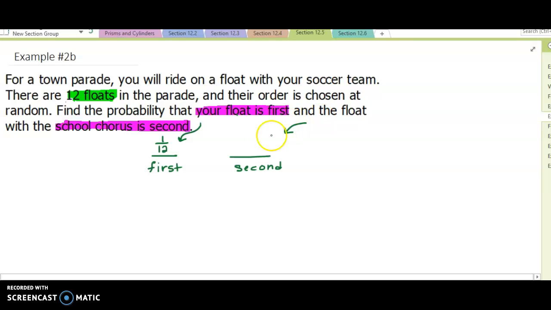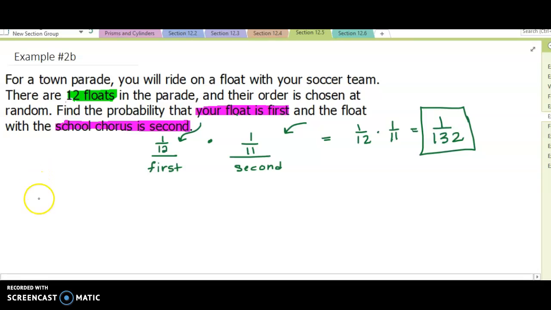Remember, we're choosing random now, but we don't have 12 floats to choose from because our float is already picked first. So now we have 11, so the chorus would just be 1 over 11. If I multiply these together, 1/12 times 1/11 gives me 1 out of 132 chances. I can do it that way.